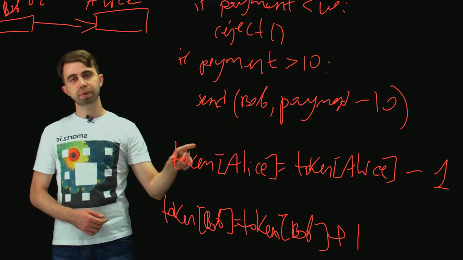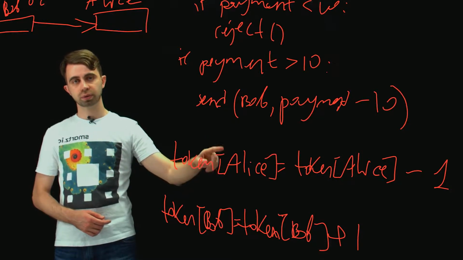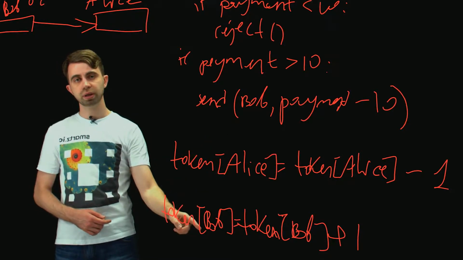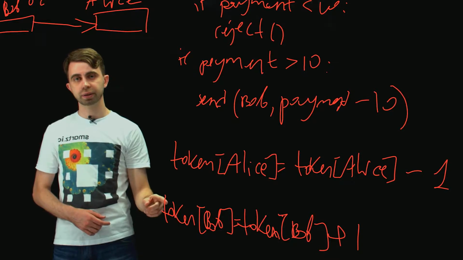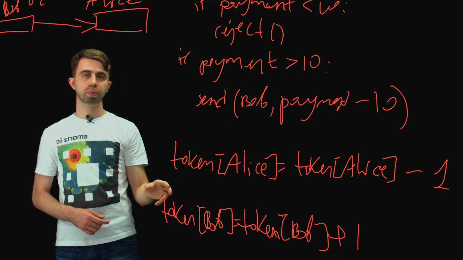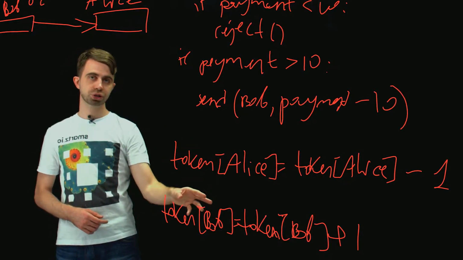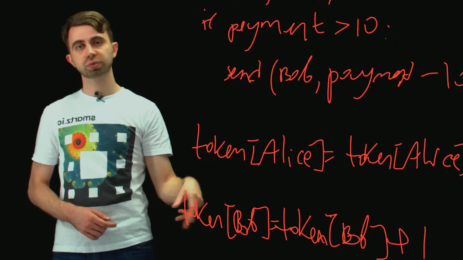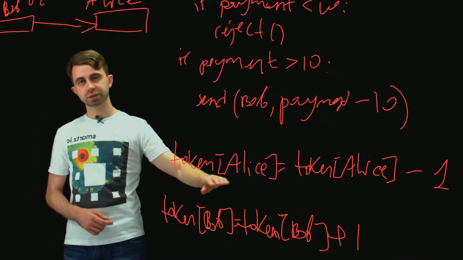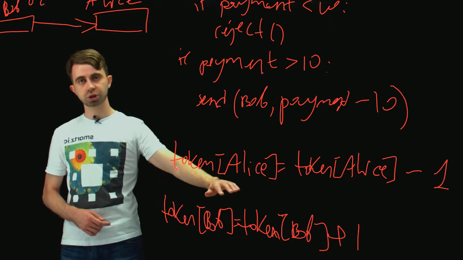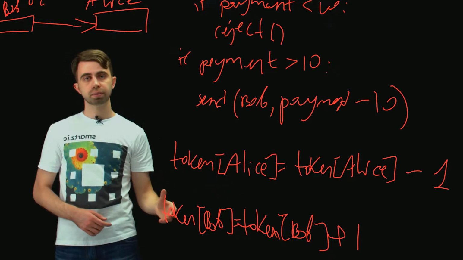Again, balances of the token of Alice and of Bob are stored on the blockchain. Usually in blockchain you have to pay for the storage, and the sender of a transaction which writes to blockchain storage usually pays a fee.